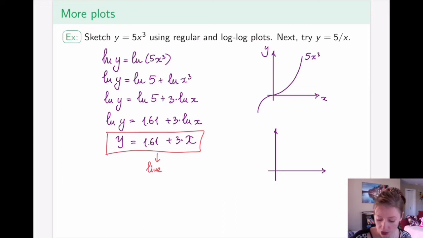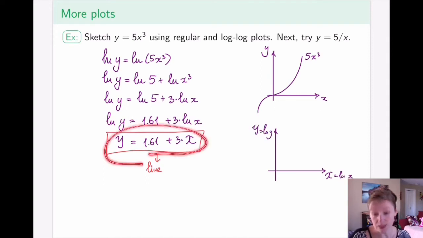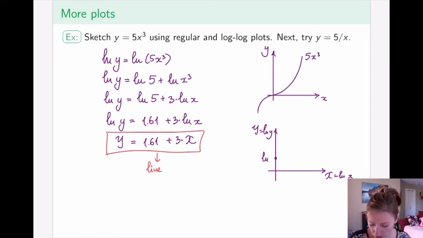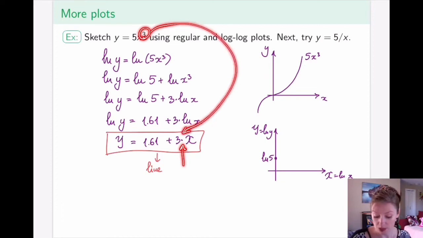Whereas if I sketch it on the log plot, so this is capital X or ln little x, and this is capital Y or ln little y, what I can see here is that this is just a line. This is the y-intercept, and again, remember that came from just being ln 5, so my y-intercept here is ln 5, and the slope is 3. So this power on the function became the slope of my line.